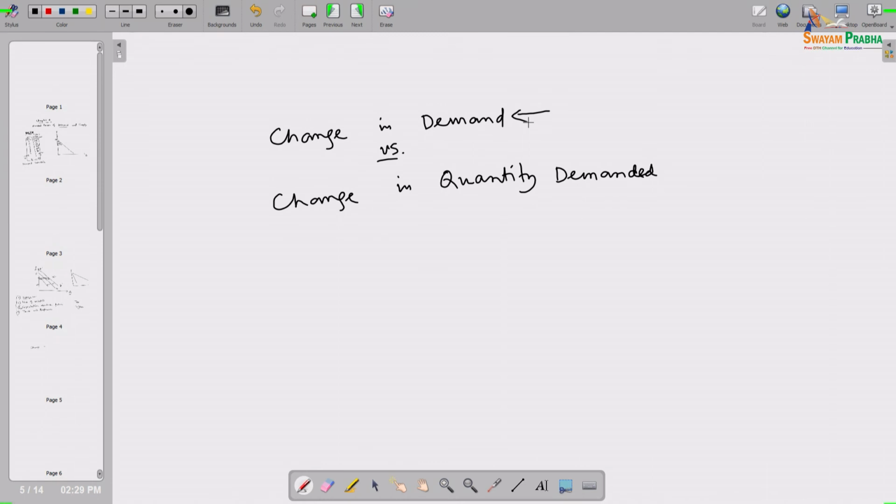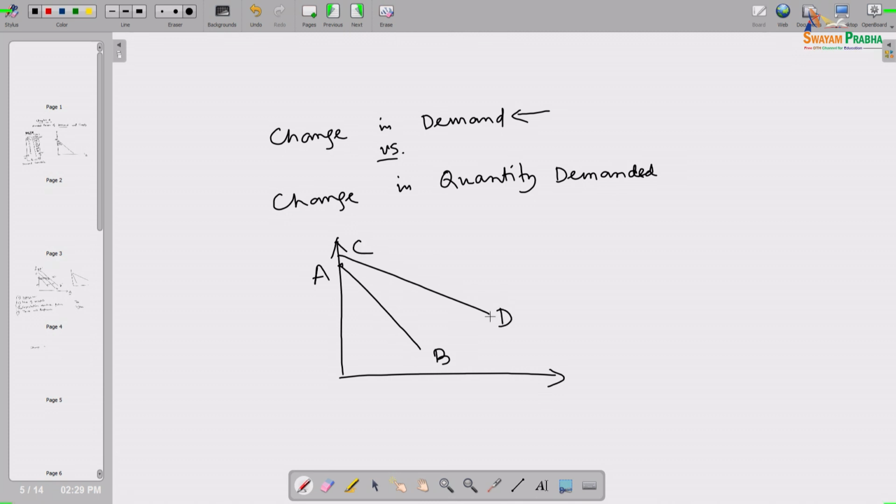So, in demand, your desire to get that commodity, of course backed by your purchasing power, that thing changes. In a diagrammatic framework, suppose your initial demand curve was AB and later the demand curve is CD. This movement from AB to CD we will call change in demand.